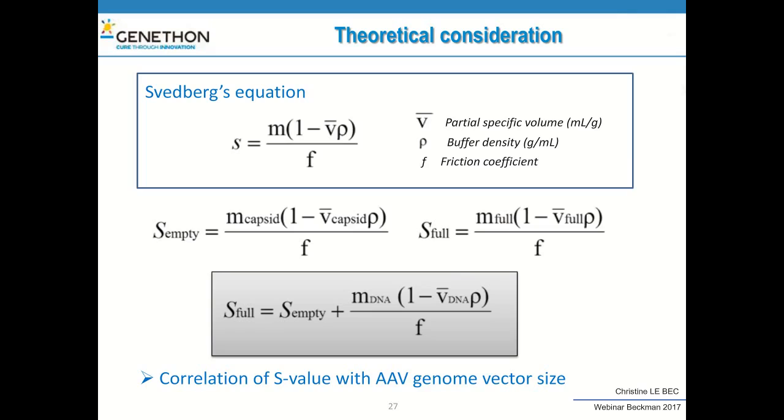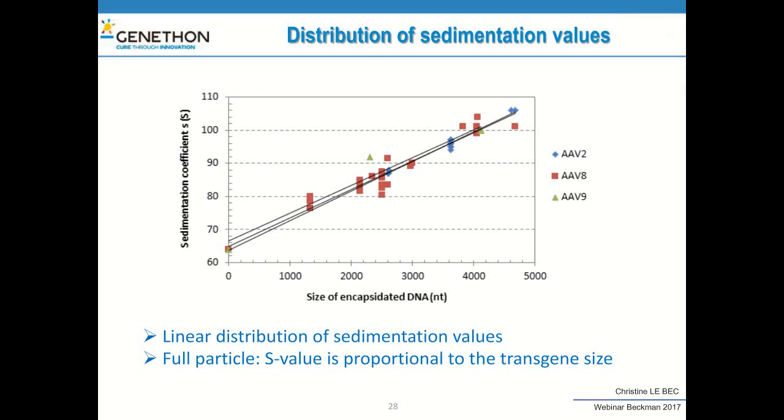This is the theory, and we demonstrated it by running different products, different preparations, which have different sizes of encapsulated DNA. On this slide, we show the sedimentation coefficient as a function of the size of the DNA for AAV2, AAV8, and AAV9 in blue, red, and green.